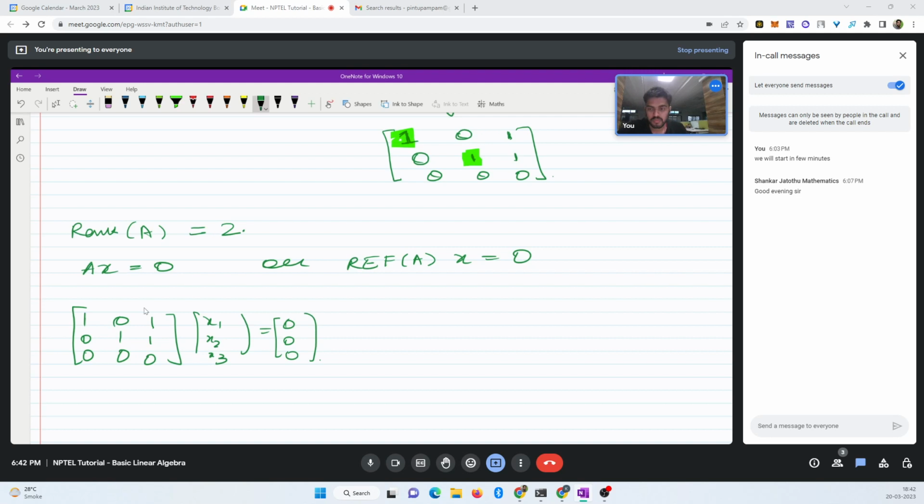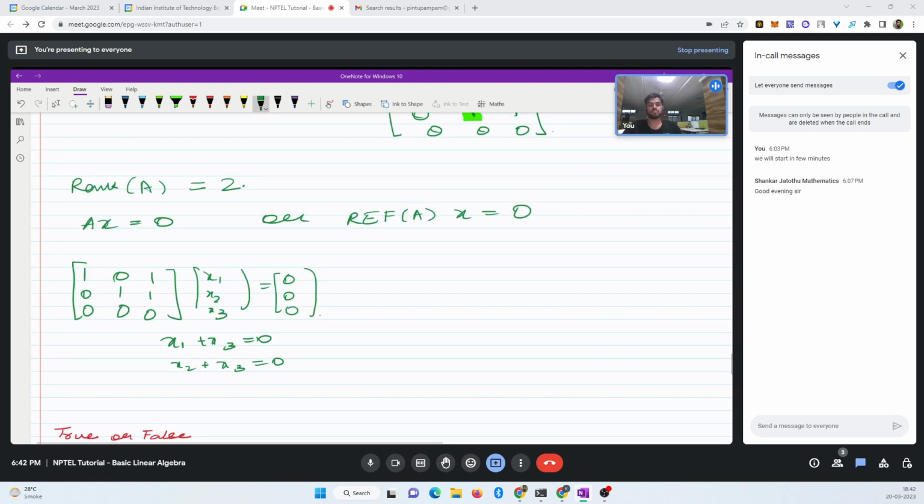The first row gives you x1 plus x3 as 0. The second row gives you x2 plus x3 as 0. Now you see that you have three variables and only two linearly independent equations.